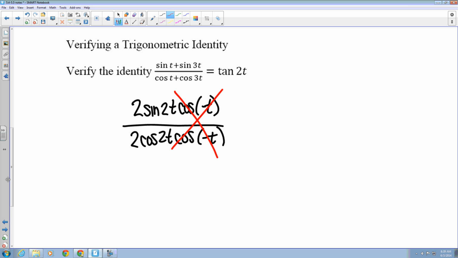Those can go away. So what I have left is 2 sine 2t over 2 cosine 2t, which is, the 2's cancel, just tangent of 2t. Okay, so again, I did the sum to product on both the top and the bottom of that fraction and simplified. The 2's cancel, cosine of negative t cancels, and I get tangent of 2t when I simplify.